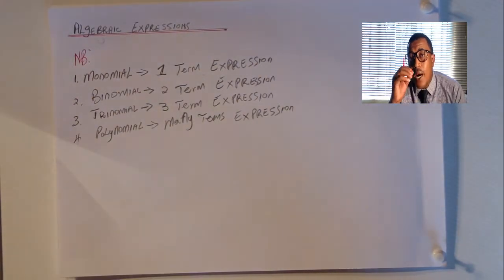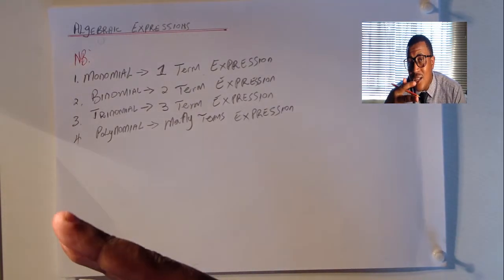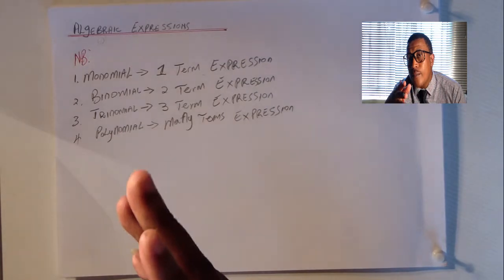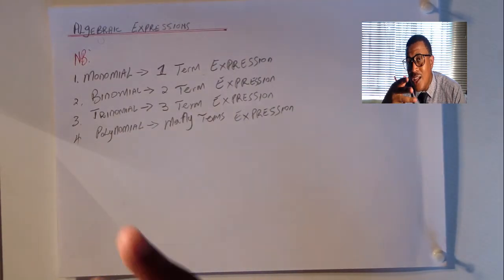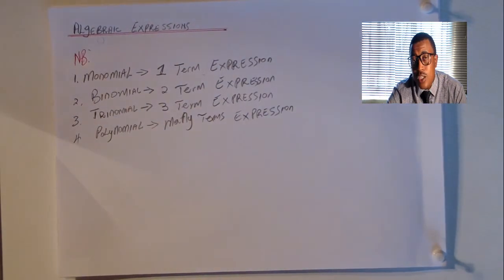Number 2, multiplication by inspection. Number 3, multiplying a binomial with a trinomial. And lastly, squaring of a binomial, in other words, any two terms to the power of 2. Now, let us get into our topic to understand in detail.